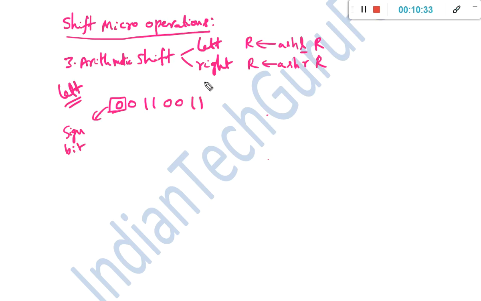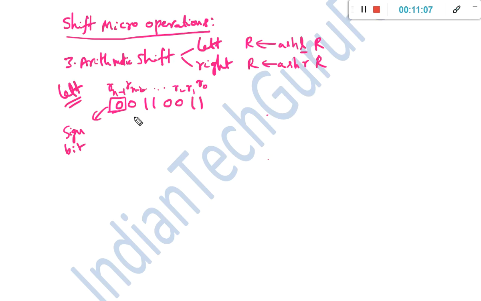If you consider the register bits as R0, R1, R2 and so on, this will become Rn minus 1, and this value will become Rn minus 2. Now let us perform the arithmetic left shift operation. It is performed similar to the logical left shift operation.